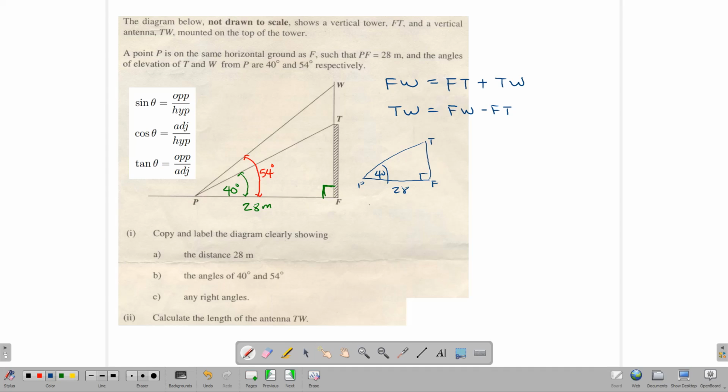So the tangent of 40 is equal to FT or TF over 28. This one is simple. We can simply cross multiply that. 28 tan 40 gives us FT, and so 28 tan 40 gives us 23.5.